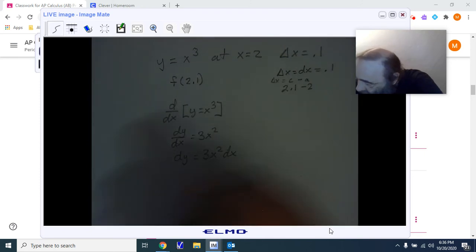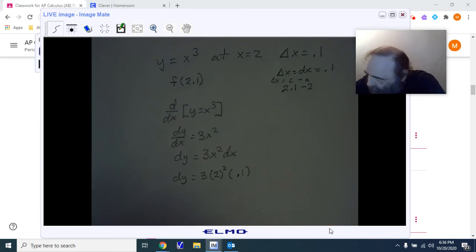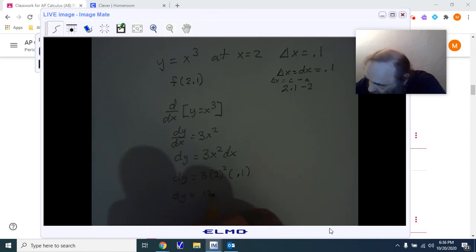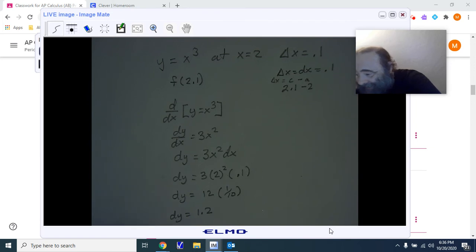So that means I'm going to find my dy at 2 times 0.1. The change in y is 12 times 1/10, and therefore dy is 1.2. This is our approximate change.